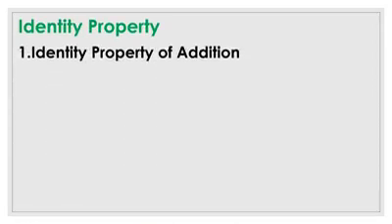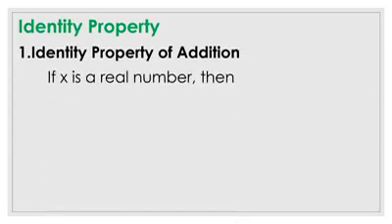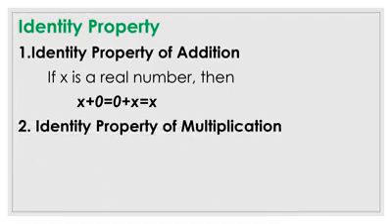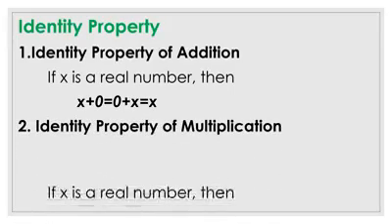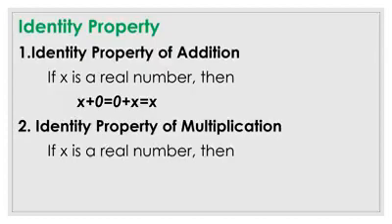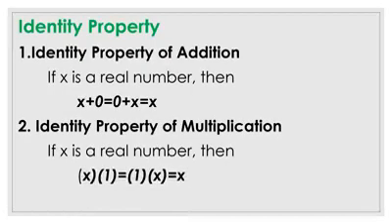The next is the identity property. We have the identity property of addition. If x is a real number, then x plus 0 equals 0 plus x equals x. Then the identity property of multiplication. If x is a real number, then x times 1 equals 1 times x equals x.